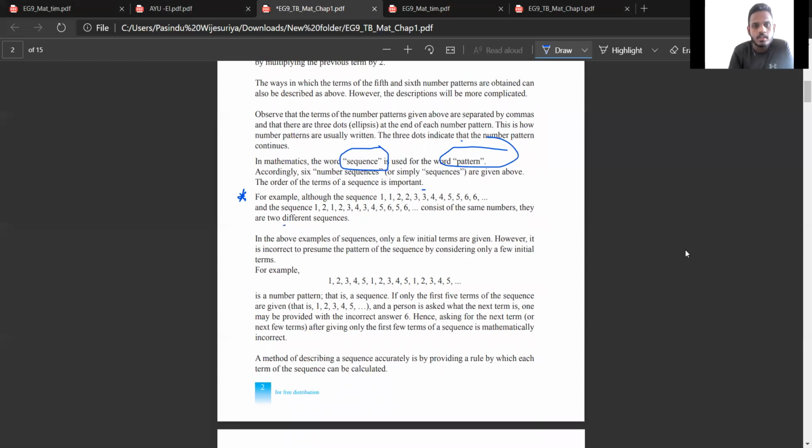And in this sequence too, you can have ones, twos, threes, fours, fives, and six. But even though the total number of numbers is equal, this is a separate sequence and this is a separate sequence. It's like ordering the numbers in a specific order.